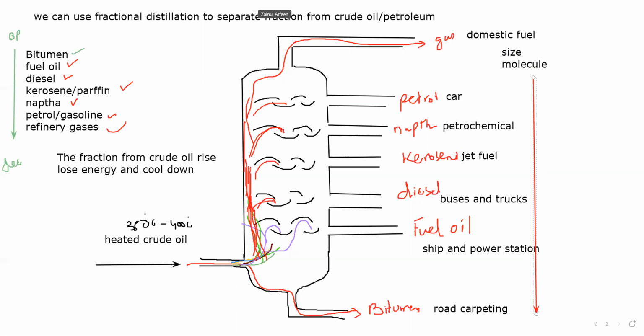Increase in the size of the molecule means number of carbon atoms. Does it increase or decrease? So the size of the molecule will increase as we go down. What happened to the boiling point? The boiling point will also increase. What happened to volatility?